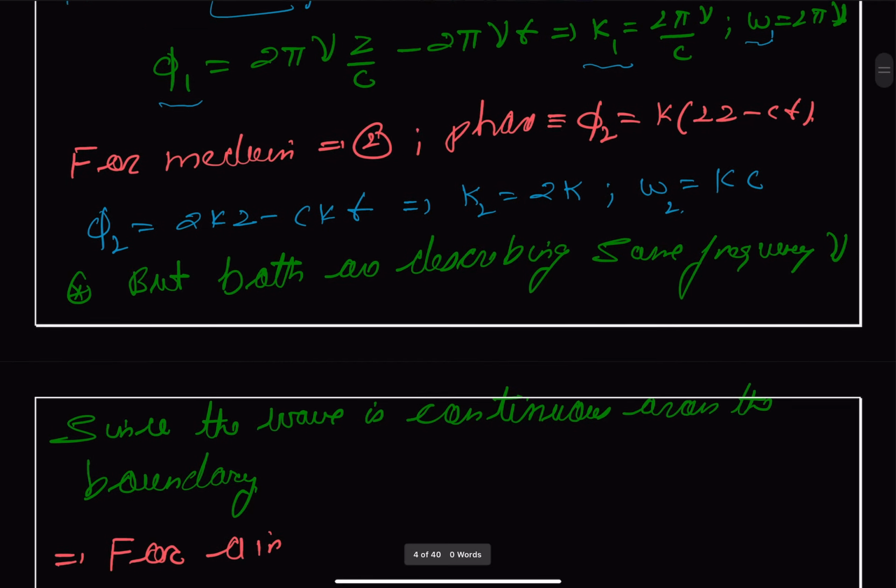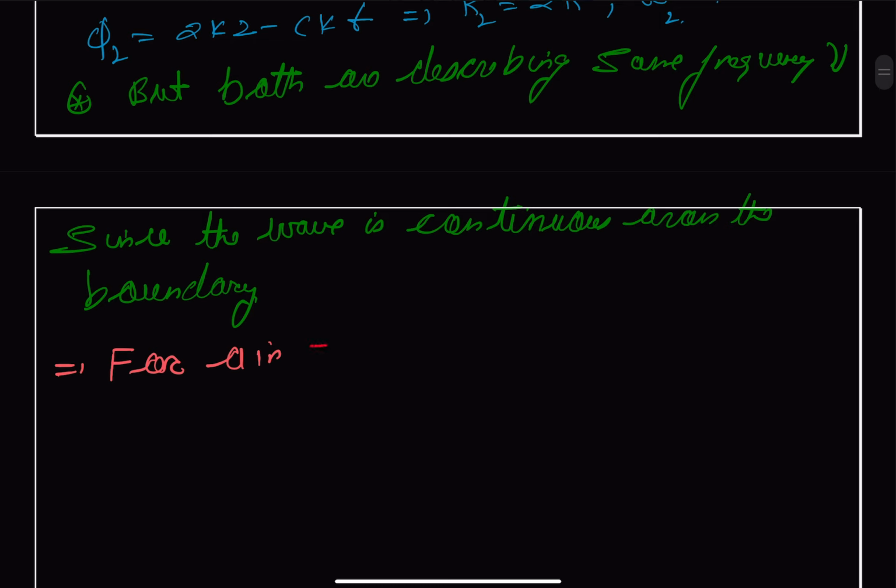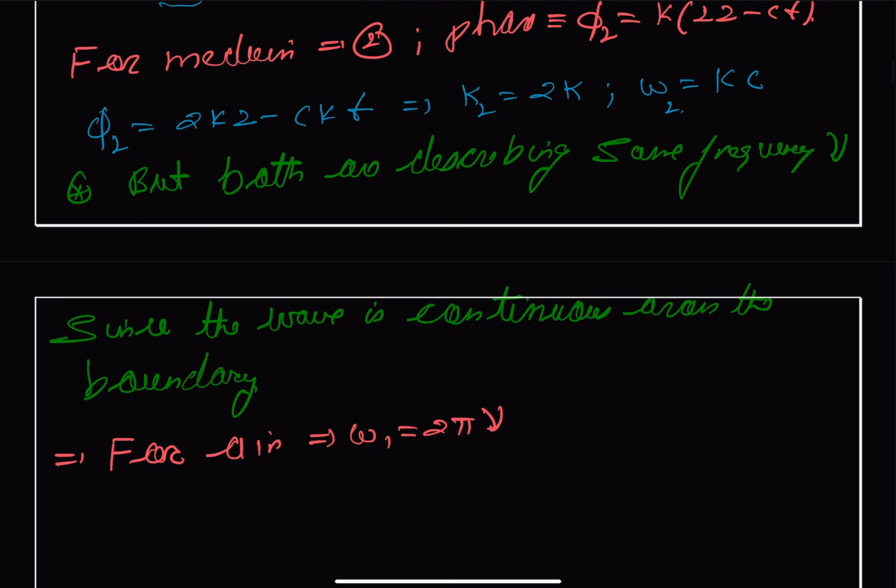We have our omega 1 is equal to 2 pi nu, and they are representing the same frequency. So from here we can say omega 1 is equal to omega 2.